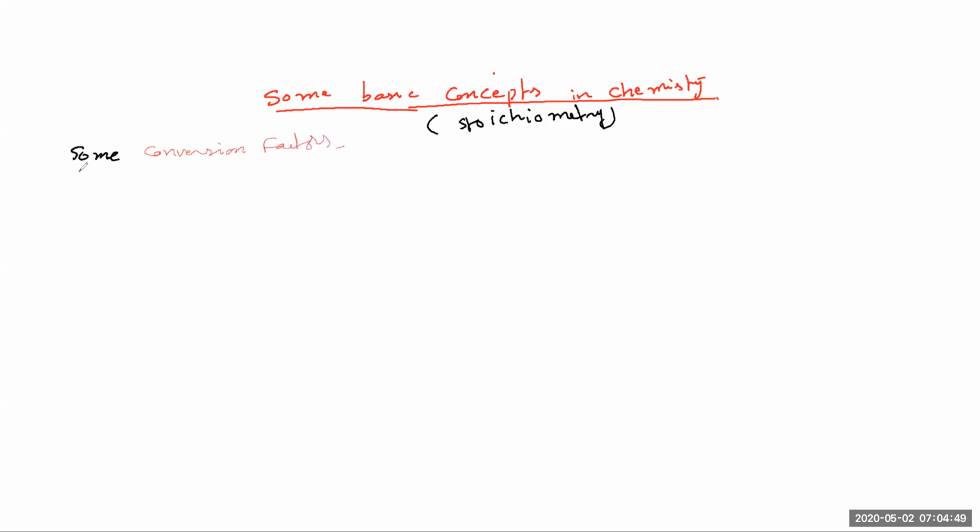See this, what are conversion factors here? SI units for some common derived quantities.